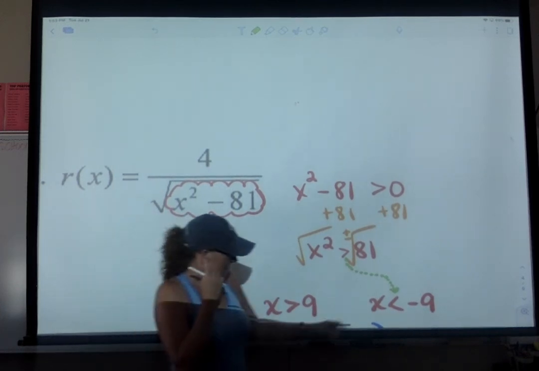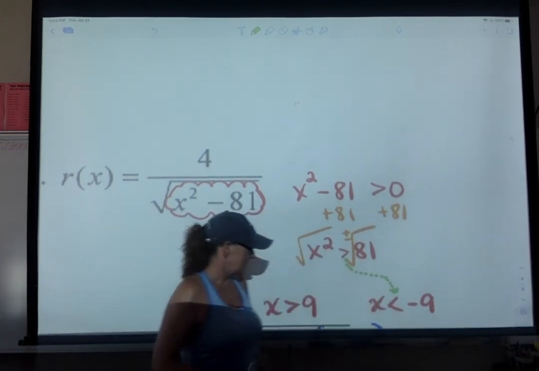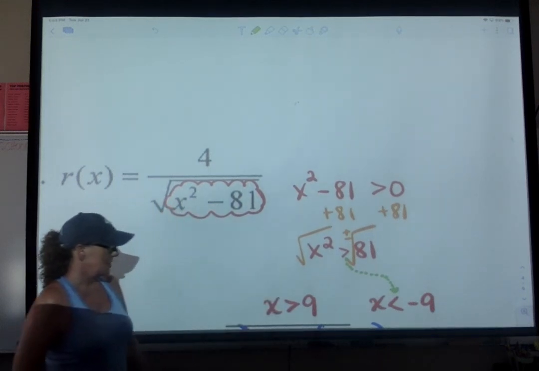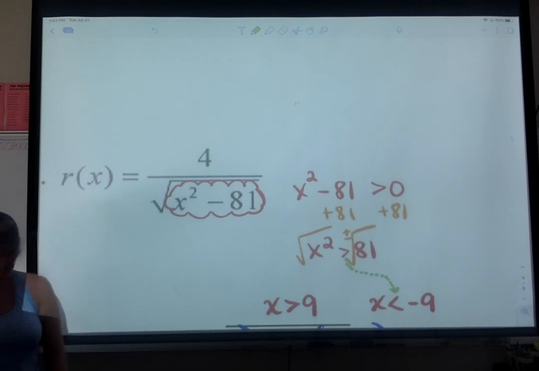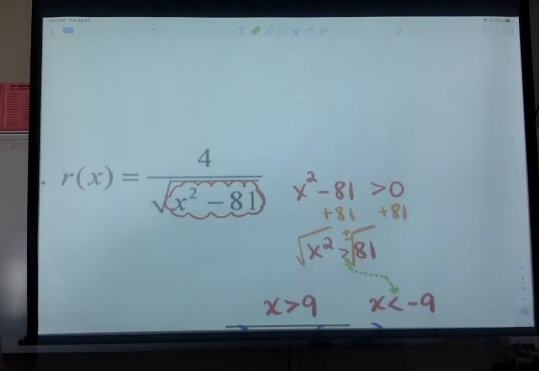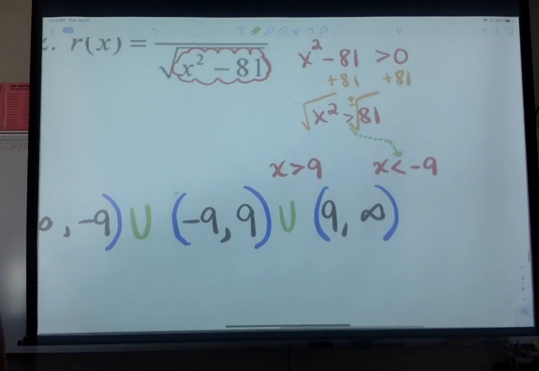Now we have numbers less than -9, but numbers greater than +9. So I think I have this. Let's see.